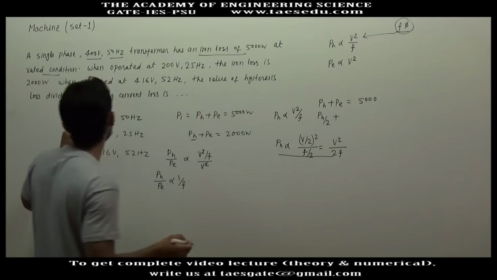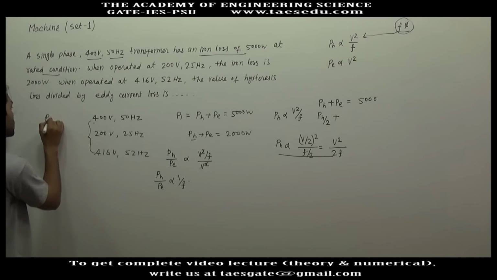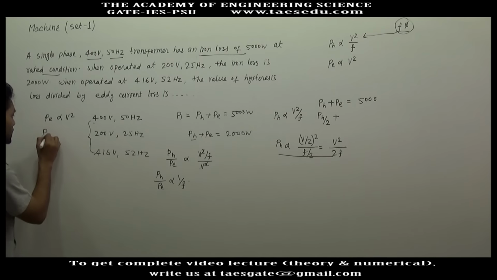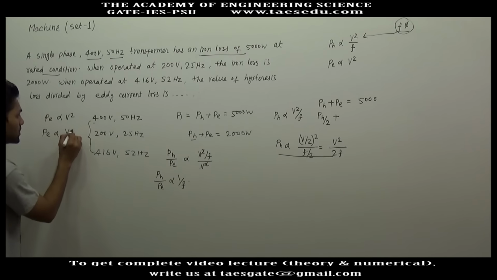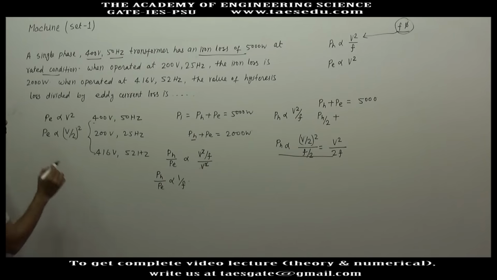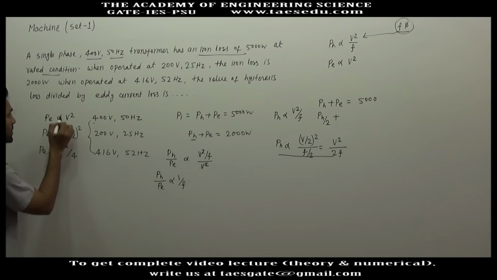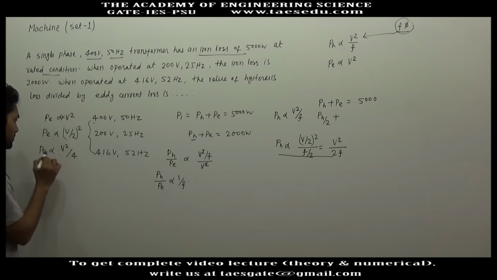Now similarly we can conclude for eddy current loss. In the first condition, eddy current loss is PE, which is directly proportional to V square. In the second condition, voltage is halved, so PE will be directly proportional to V by 2 whole square, so PE is directly proportional to V square by 4. Here PE is kV square and here PE is kV square by 4.